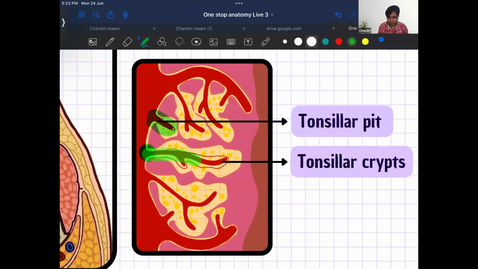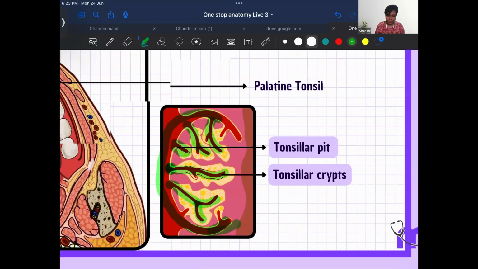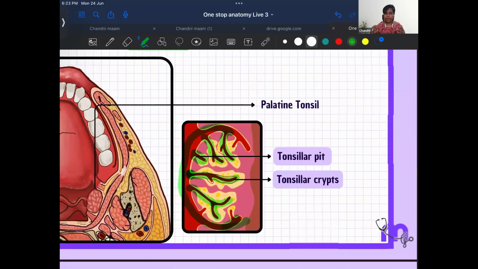So this is a crypt. So the medial surface of the tonsil actually has pits which extend inward and are called crypts. Now these are lined by plenty of lymphoid tissue, rich in lymphoid tissue, okay? Macrophages. Right. So this is about the medial surface.